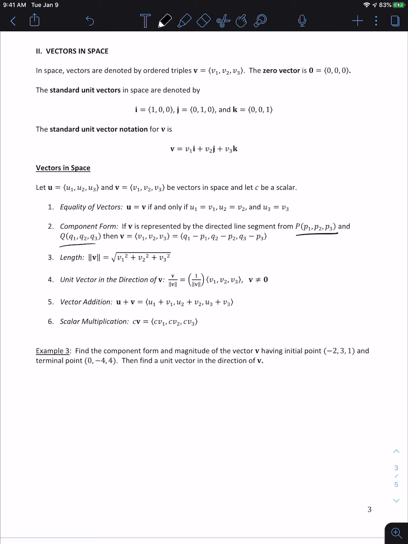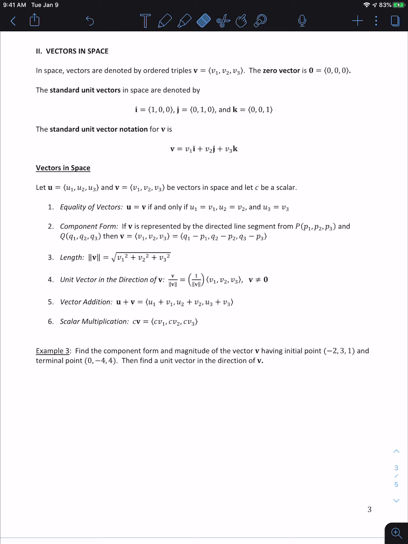Well, same thing that I did in the 2-space. I take the first component of the terminal minus the first component of the initial, second component of the terminal minus the second component of the initial, and same thing for the third component, right? So again, it's always terminal minus initial, terminal minus initial.